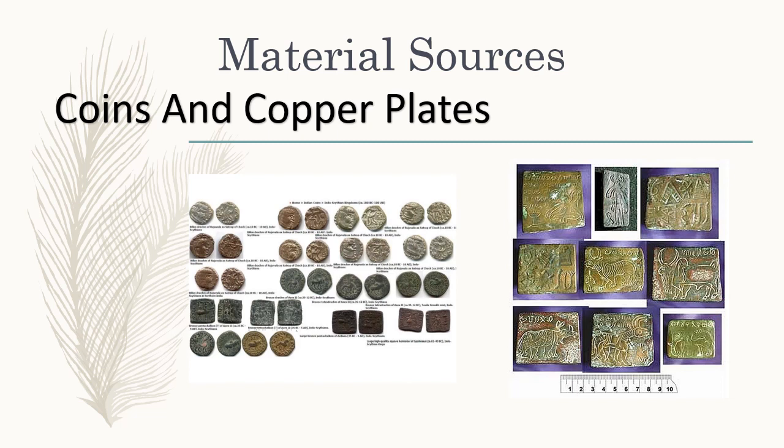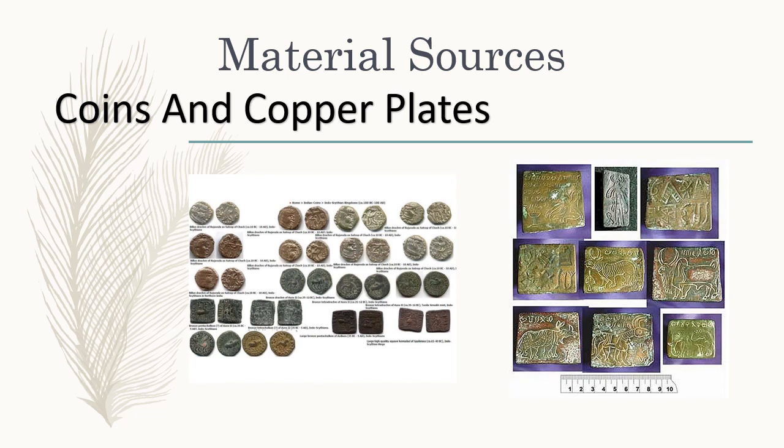Continuing with that, we come to the next part of material source, that is copper plates and coins. Copper plates and coins were used based on the rulers and on the governance, related to religious ideas and personal details. Basically, the coins were used only for transaction and economic purposes.